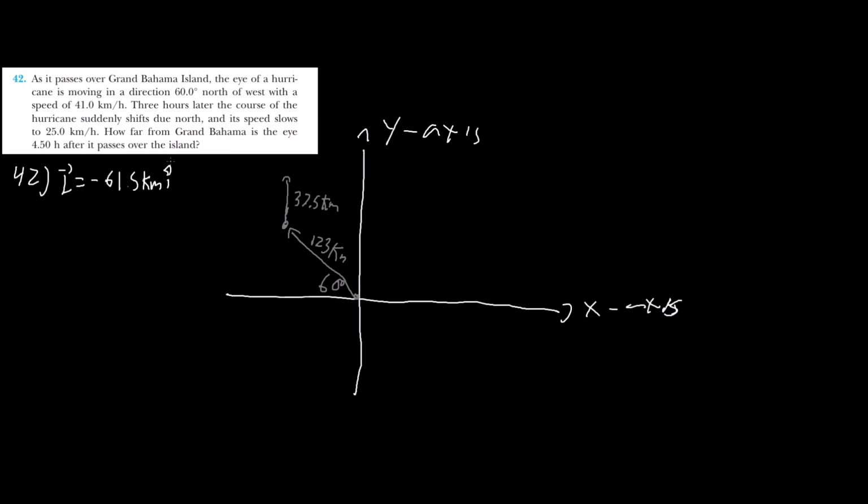And that's 123 cosine of 60 degrees, so that should be fine. So I'm going to take 123 sine of 60 degrees plus 37.5. And I'm going to add them up, and that's going to be 144.02 kilometers in the j hat direction.